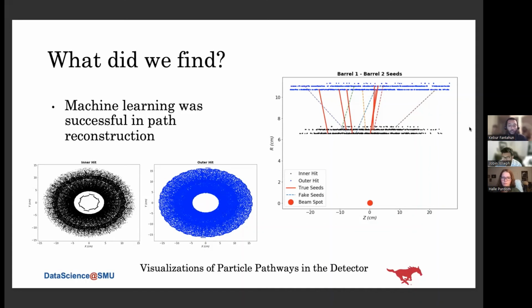The figure on the left is the inner hit layer, the middle is the outer hit layer, and the rightmost plot shows a simulation of the detector, where the red is the beam spot, the red lines going through the inner and out the outer are the real true pixel seeds, and the dotted lines are the fake pixel seeds.